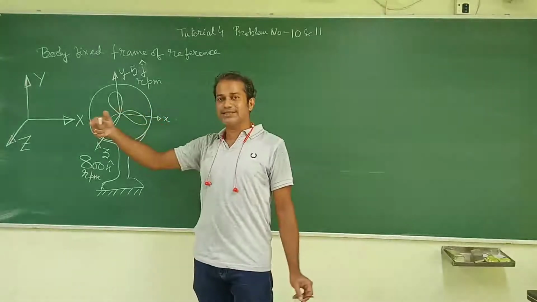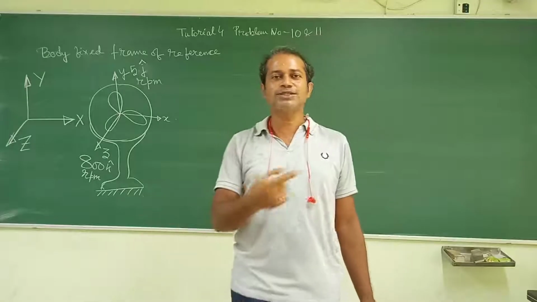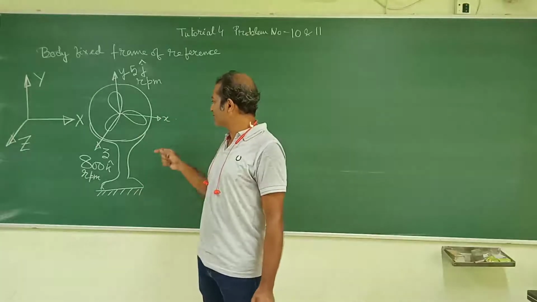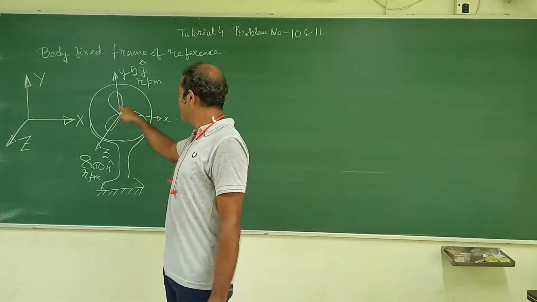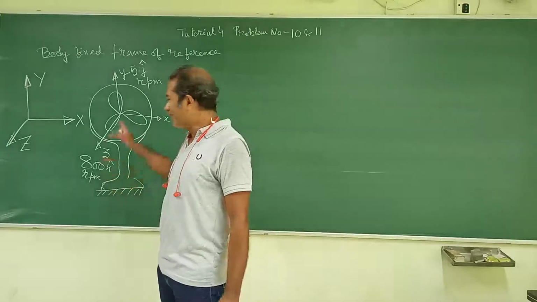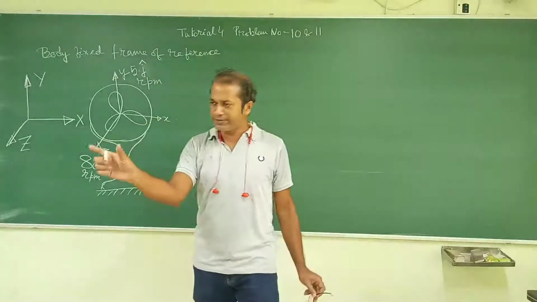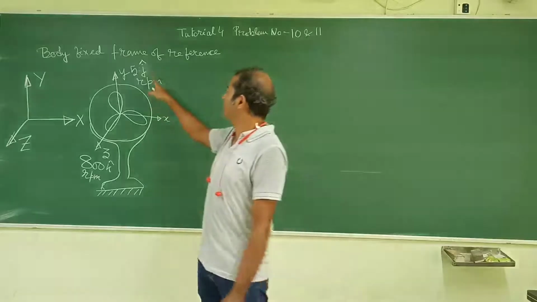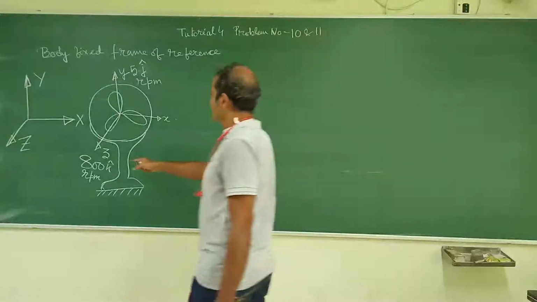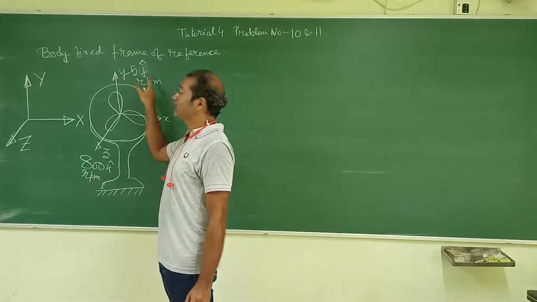The z axis is floating, so I cannot mark it, but I can imagine it. Now look carefully: as I told you, this table fan blade is rotating at 800 rpm, and at the same time it is swinging from one end to the other at about 5 rpm.